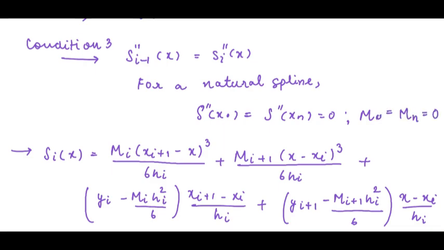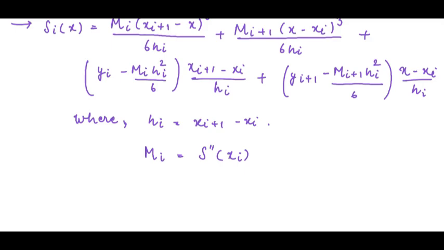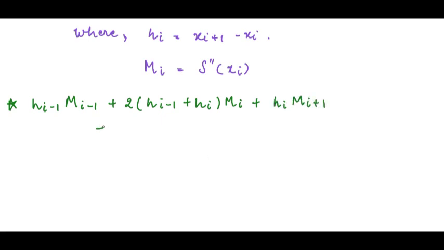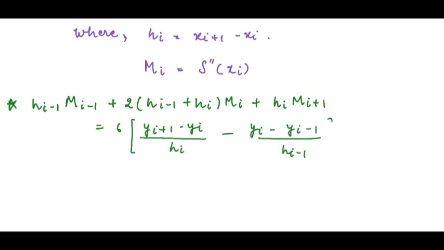For the interior nodes, we can take the mi values that satisfy the tridiagonal system: hi−1 mi−1 plus 2(hi−1 + hi) mi plus hi mi+1 equals 6 times [(yi+1 − yi)/hi − (yi − yi−1)/hi−1], for i equals 1, 2 up to n−1.